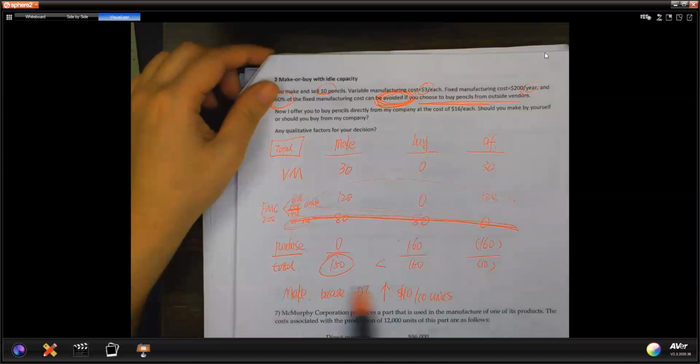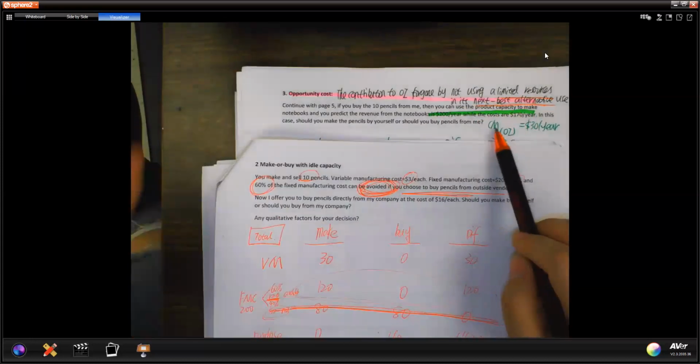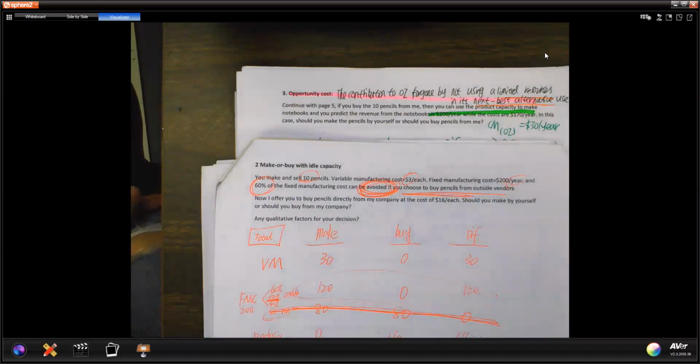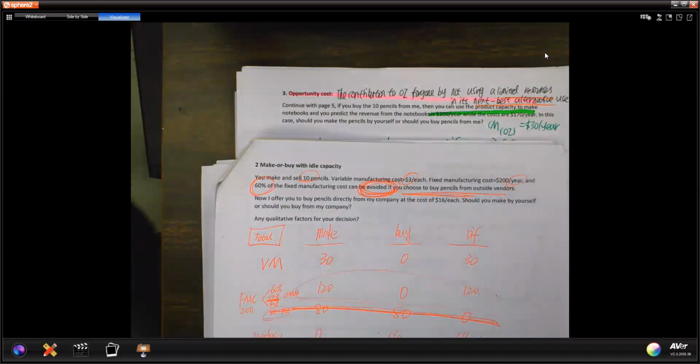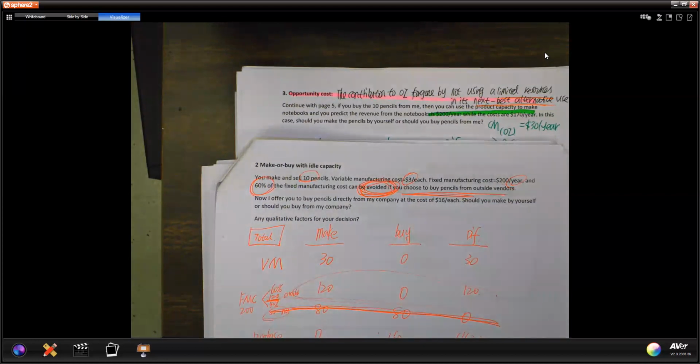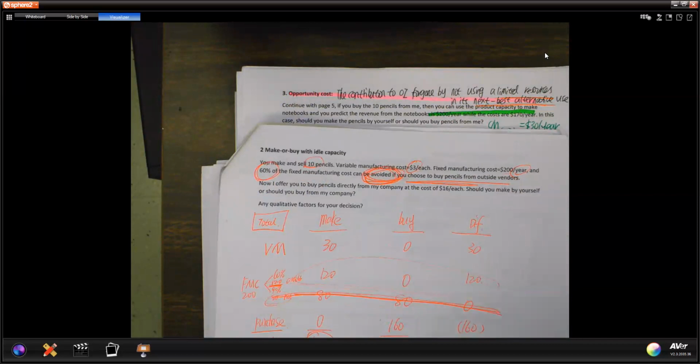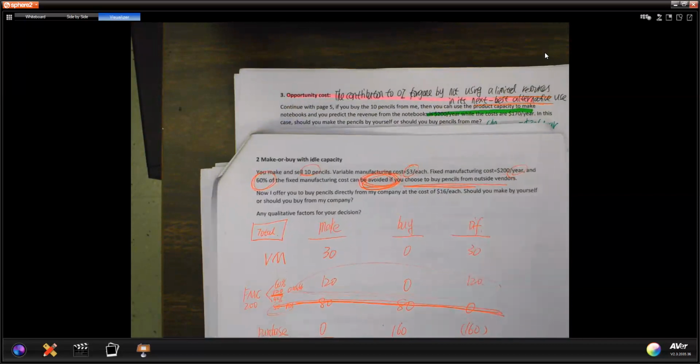But now you have a chance of making $30 extra if you buy the pencil from me, so you can use the facility to work on the notebook. Under that situation, we have something called opportunity cost, and we already calculated that the opportunity cost should be $30.